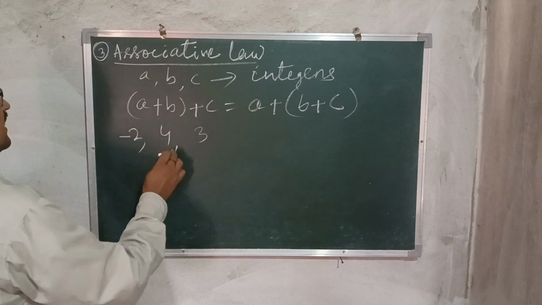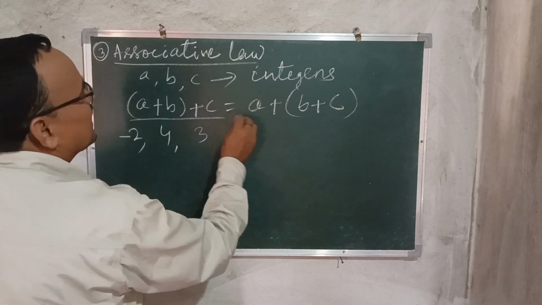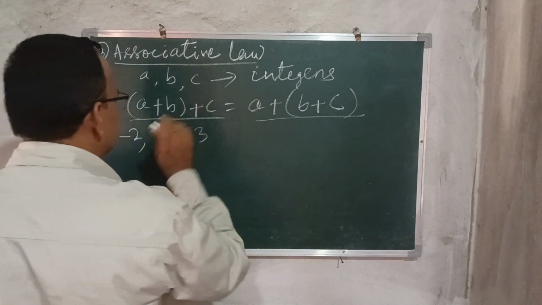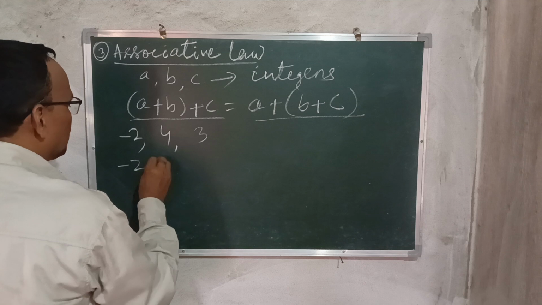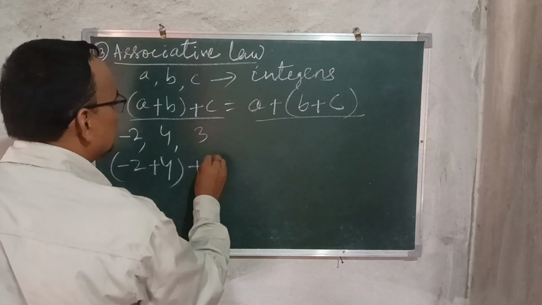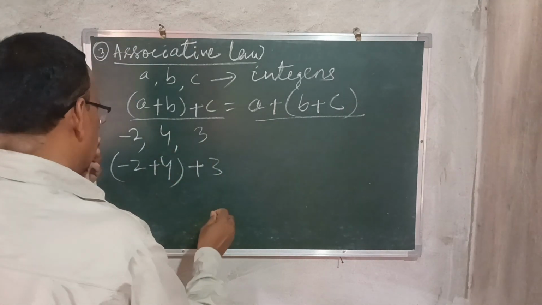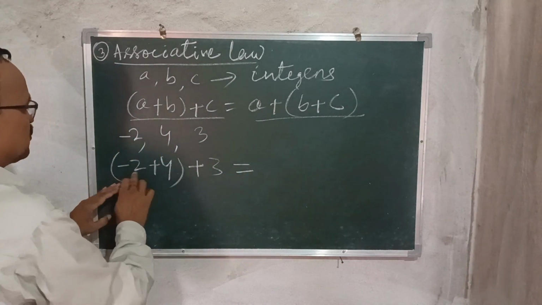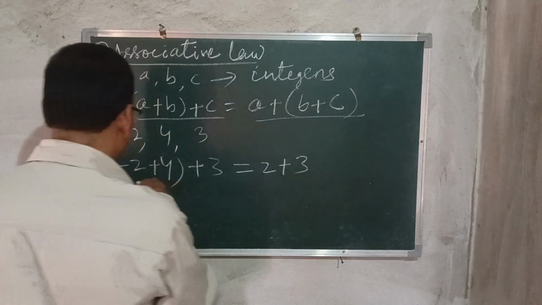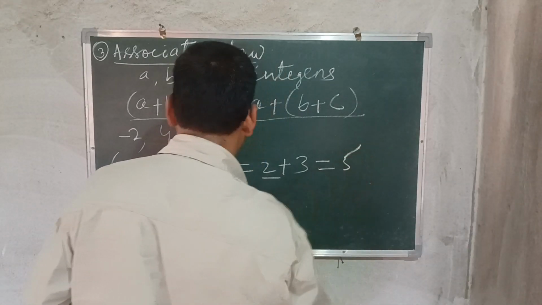These are three integers. Left hand side, and this is right hand side. Left hand side, A plus B plus C: minus 2 plus 4, then plus C. That is equal to minus 2 plus 4, that is 2, 2 plus 3, that is equal to 5.